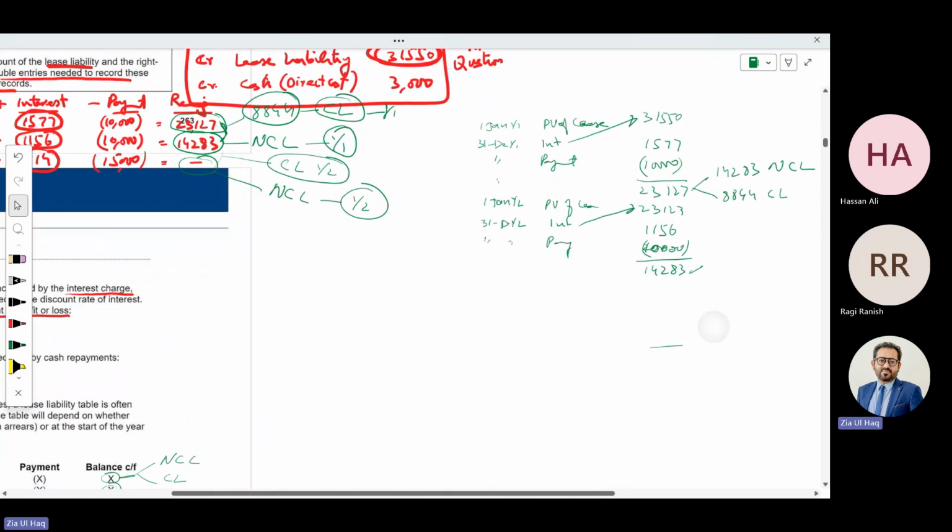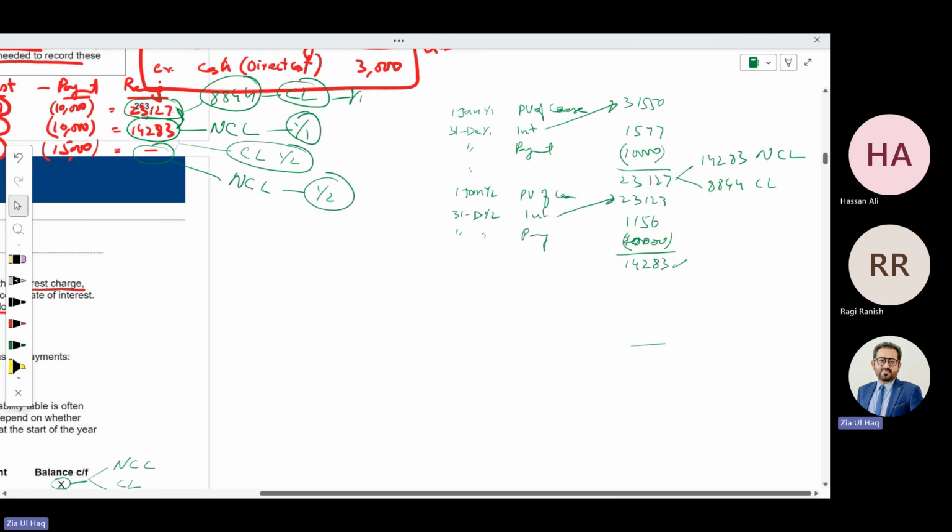Sorry, this non-current liability will be nil, because we paid more, obviously that will be nil. This is based on a 3-year calculation; there might be a 5-year calculation. So every year we need to calculate what is non-current and what is current, and for this we need to calculate the lease liability of the next year as well. Without calculating the next year, we cannot convert into non-current.